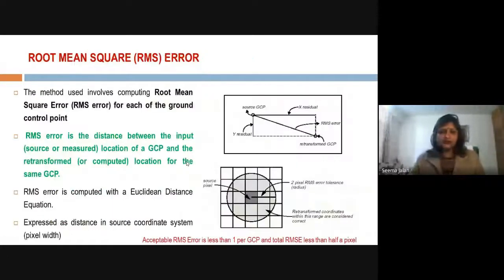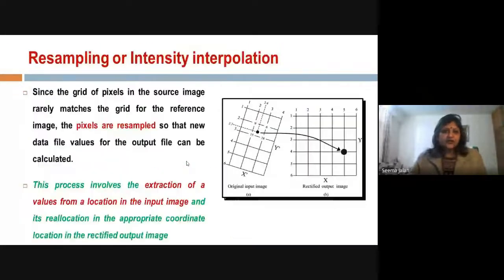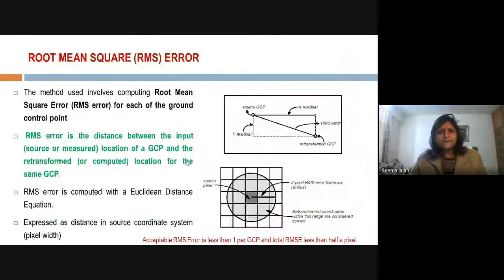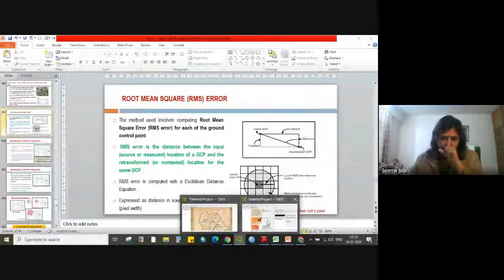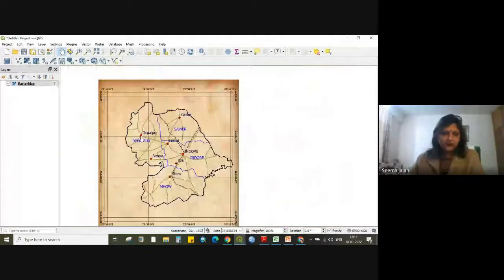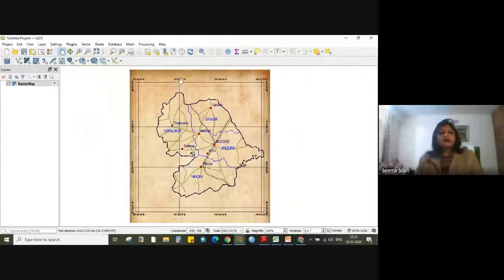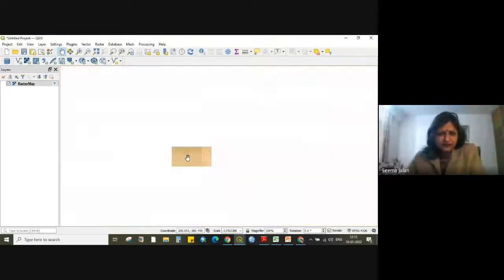So this georeferencing is a two-step process. First, this is a frame. You can imagine it like a net, a mesh, like the jaali we put on our windows and doors.